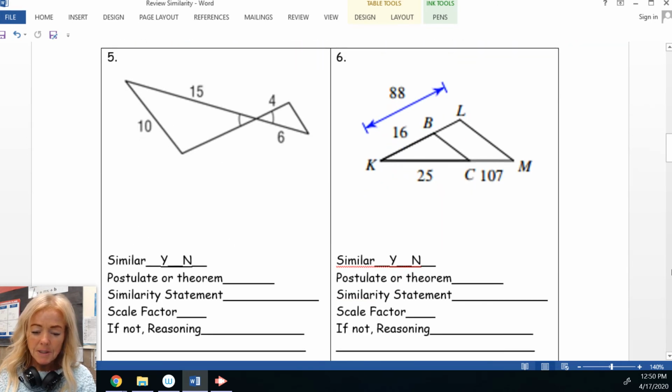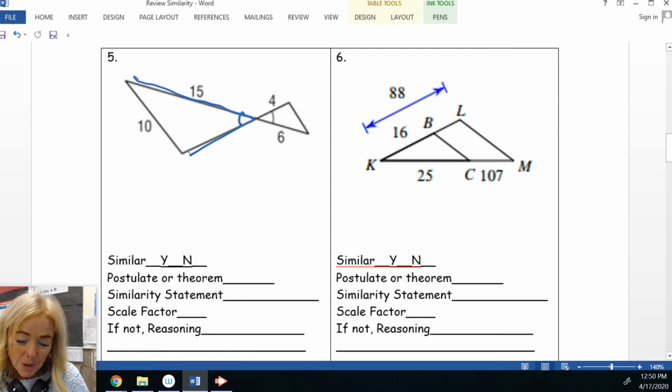Okay, numbers 5 and 6, are they similar? It looks like we're not going to be able to tell. Maybe you guys have already figured this out, but we need side, angle, side, or all 3 sides or 2 angles, and we don't have any setup in order to properly tell whether or not these triangles are similar.